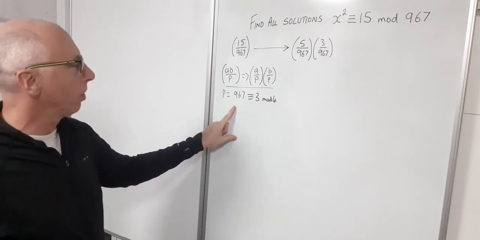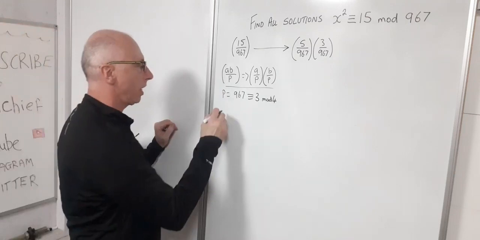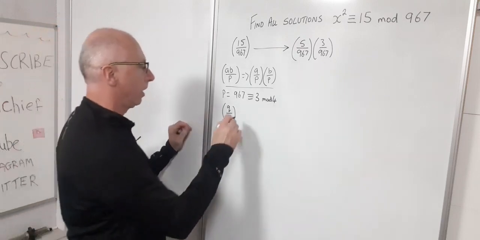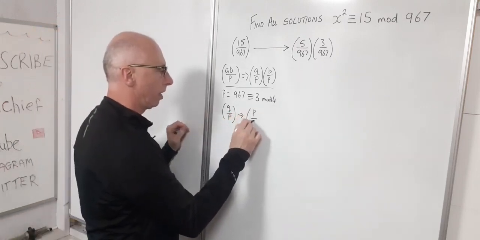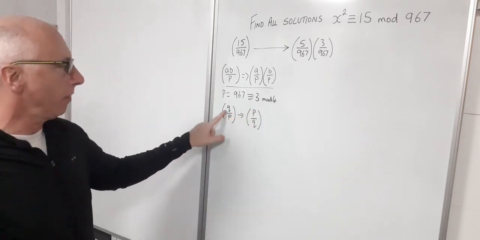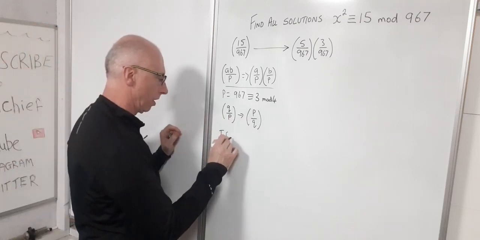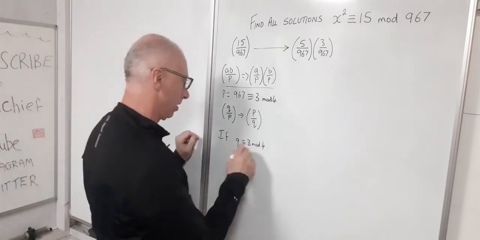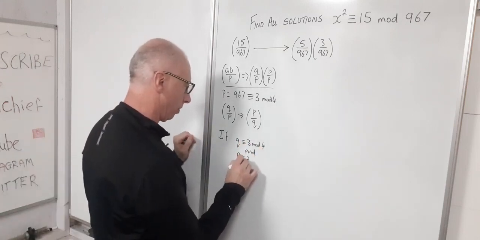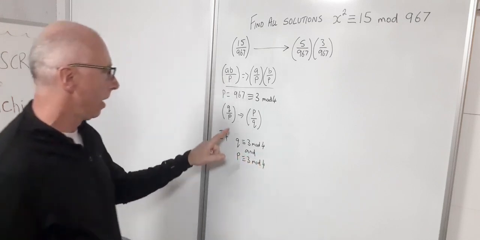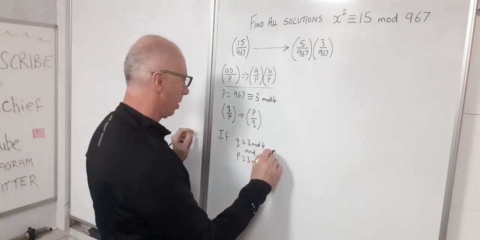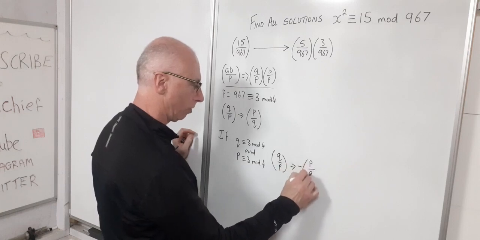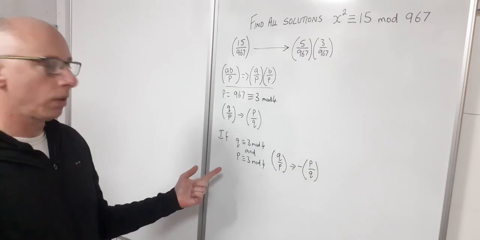So we can use one of the laws of the Legendre symbol: if we have (q over p), we can turn that into (p over q), and if q is congruent with 3 mod 4 and p is congruent with 3 mod 4, then (q over p) becomes minus (p over q). That's one of the laws of the Legendre symbol.